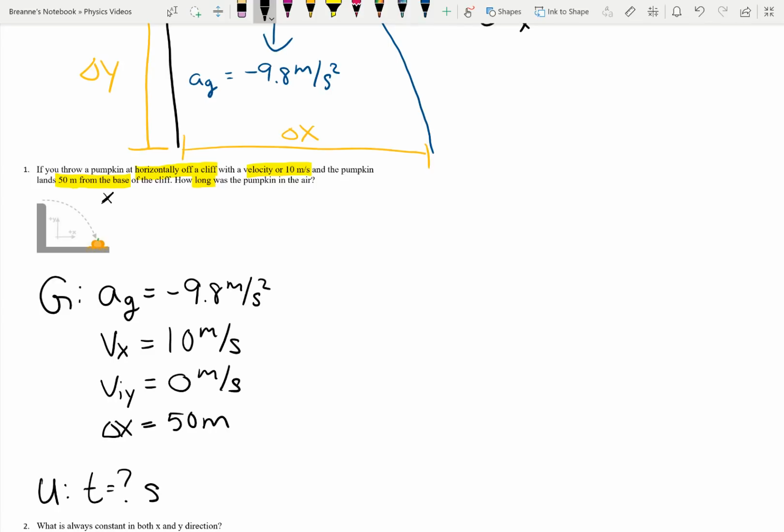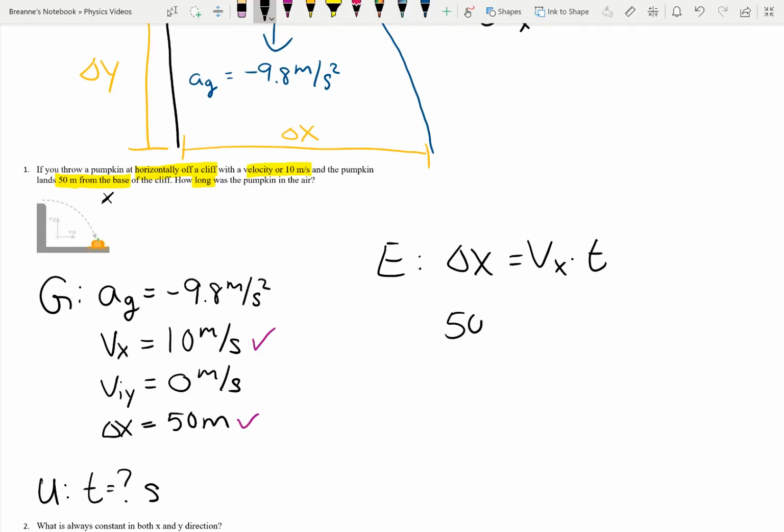So that's when you sit there and figure out what your givens are and what equation you can use. You're looking for time. You have your velocity in the x and you have your distance in the x. So the equation you're going to end up using is delta x equals vx times t.